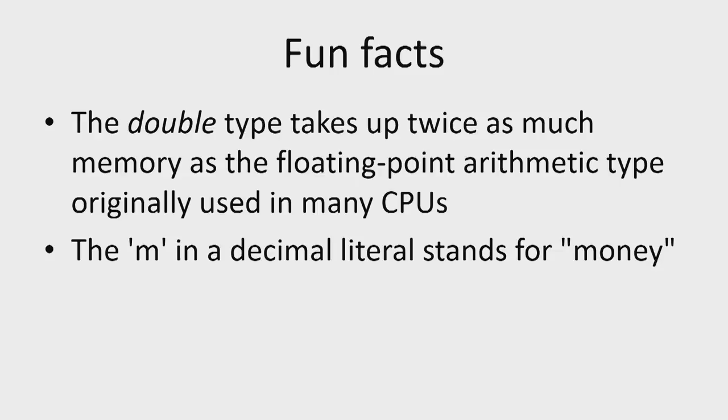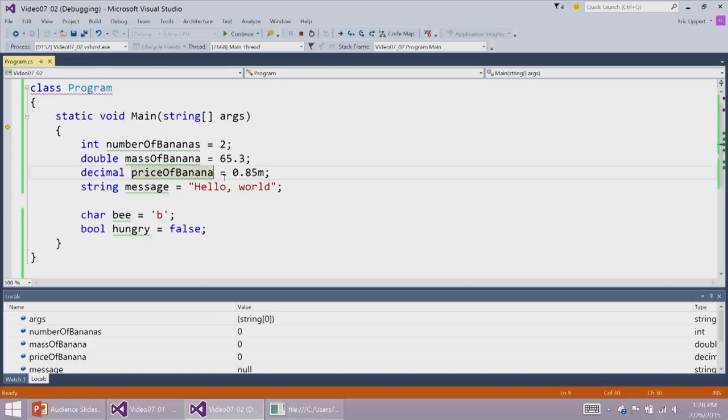That's maybe not a great reason to give something a name, but the name stuck. And the M in a decimal literal stands for money, and we're going to talk in more detail later on about why there's a difference between physical quantities that go in variables of type double and fiduciary quantities, currency properties that go into variables of type decimal.